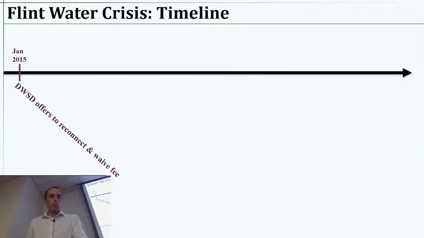So, by January 2015, Detroit, their Water and Sewerage Board, I think they might have renamed that, so that might not be the current name, but they realized that Flint's in a hard spot and compassionately offered to reconnect and waive the service fee. Now, that sounds like, oh, okay, cool, I don't have to pay the $200 service fee.